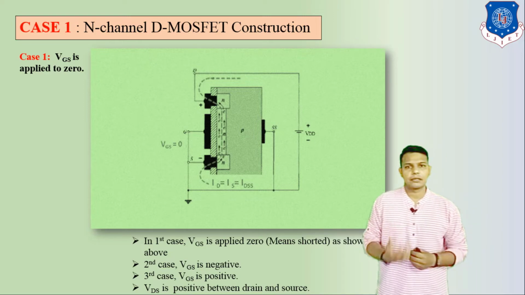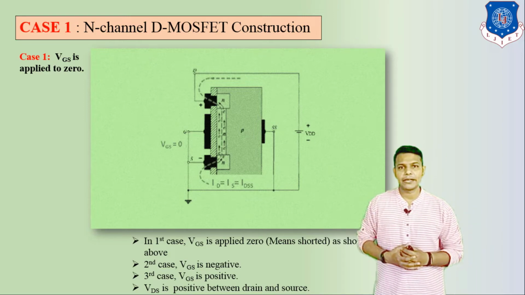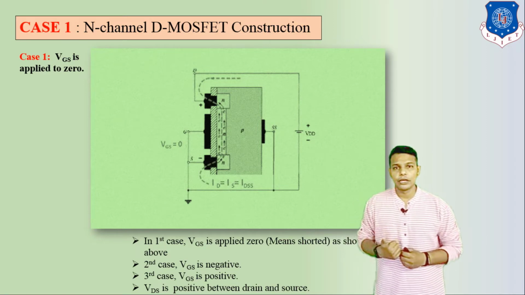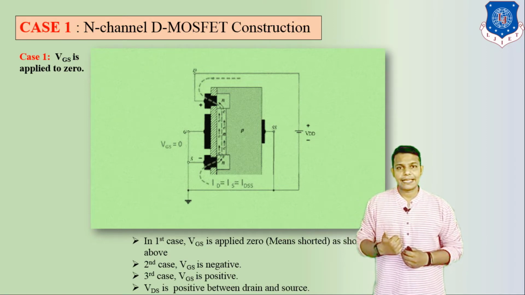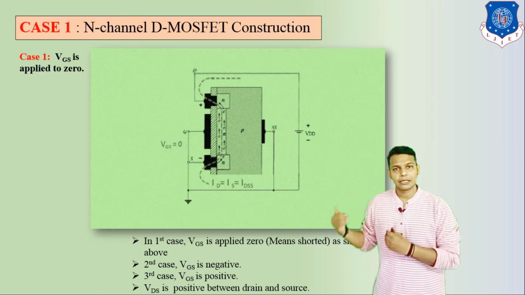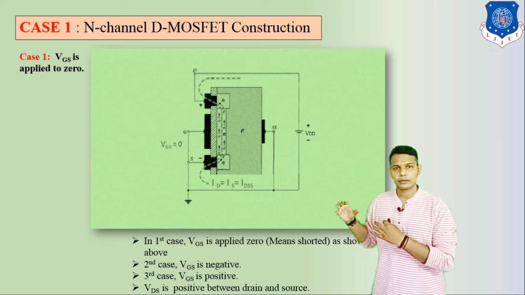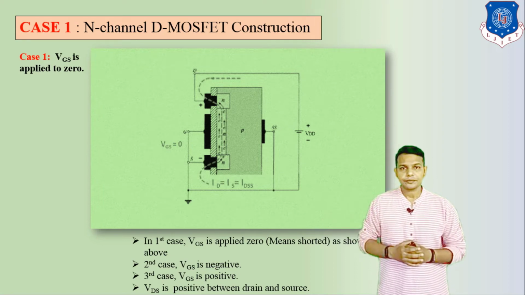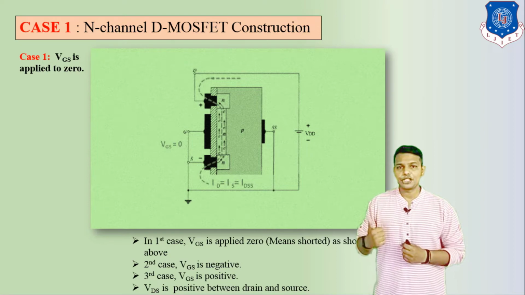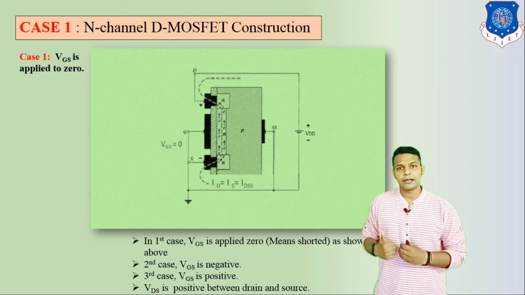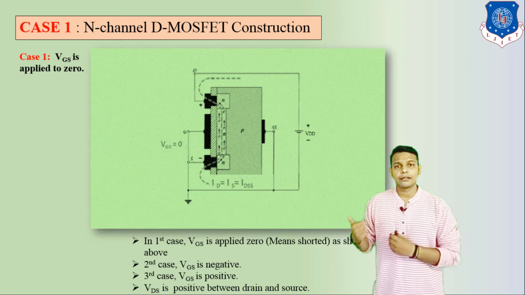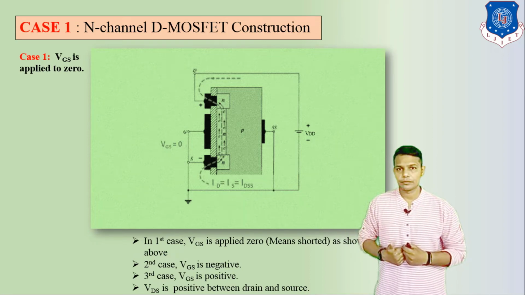So let us first explain the different cases. Now we are going to conclude case-wise, and we will plot a graph of the characteristics of D-MOSFET. In case number 1, we will discuss VGS equal to 0, and verify what happens if we apply VGS equal to 0.